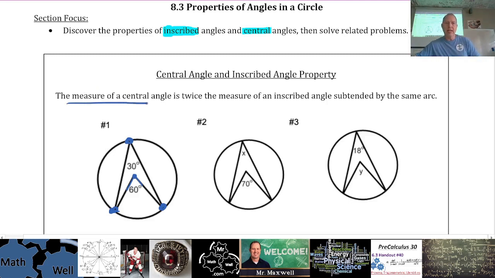Now, what does it say? The measure of the central angle is twice the measure of an inscribed angle subtended by the same arc. Have we talked about subtended yet? I thought maybe we did in the first chapter, first section. Sub means kind of inside. Tend, if you tend to something, that means you're taking care of it.